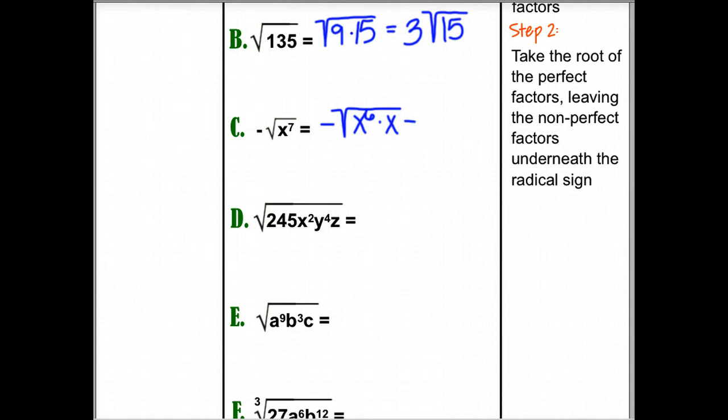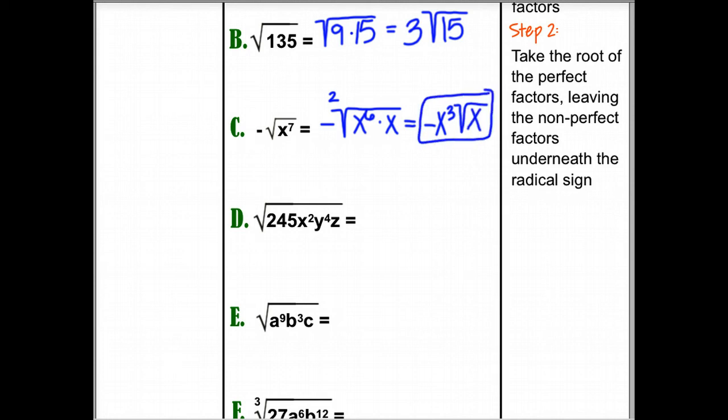But I don't need to do that. I have the negative out front. The square root of x to the 6th is x to the 3rd, because just like when you take a power to a power, you multiply the exponents. When you square root a power, you divide the exponent inside the square root by the index, which in our case is 2. And then we have the square root of x still left inside.